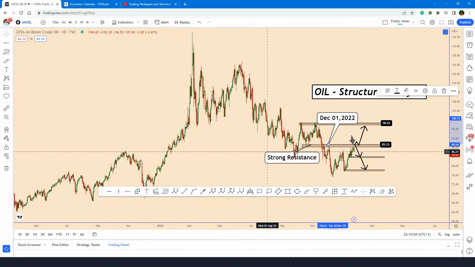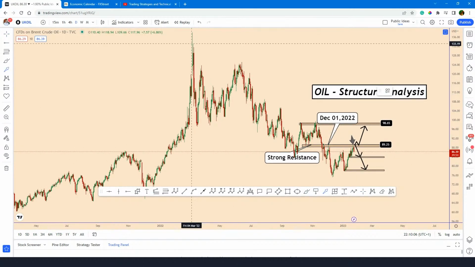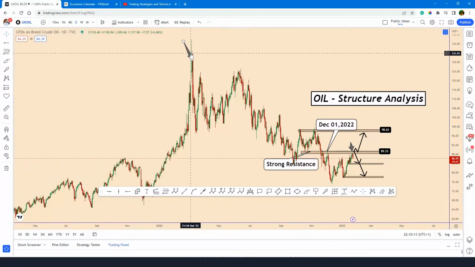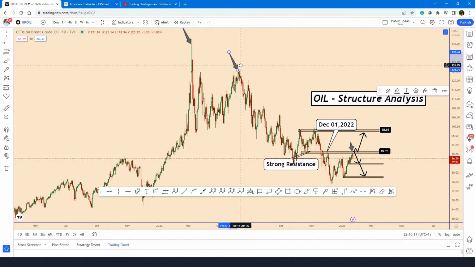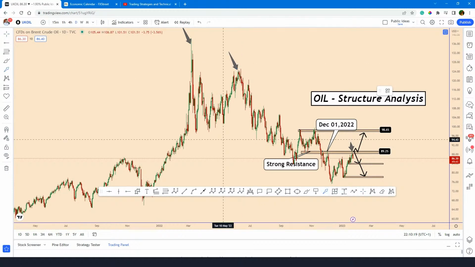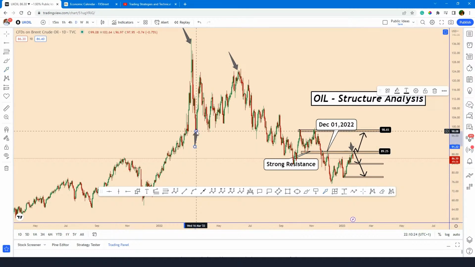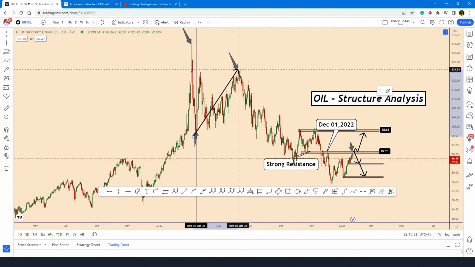As we have seen, oil from the top of the structure when the war between Ukraine and Russia began was at this point, so it reached an all-time high. It was very strange that oil began the movement, so after a short period of time, on March 16, as you may see here, this was the bottom, so price moved down immediately, and after that we can see the price increased again.